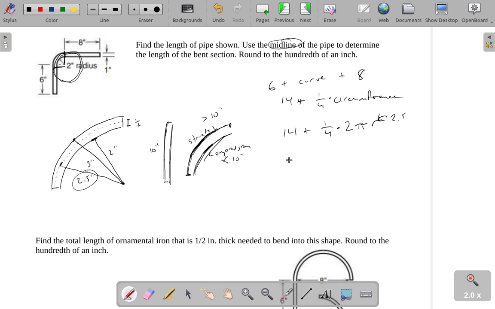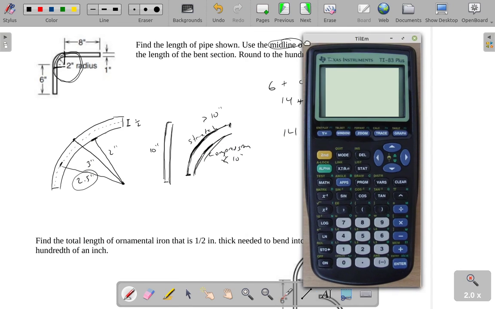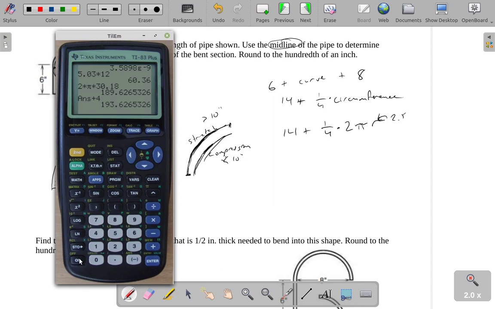So what I'm going to type into my calculator here is 14 plus 2 pi times the radius of my, nope, I forgot the quarter. 1/4 times 2 pi times the radius of curvature here, the radius of the center of the pipe, was 2.5 inches.